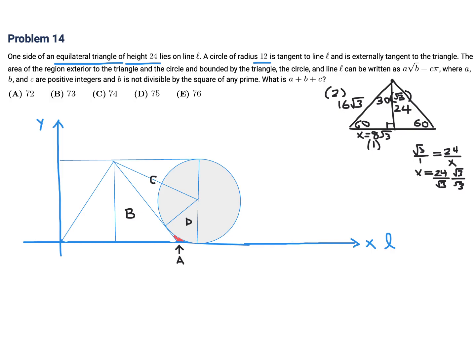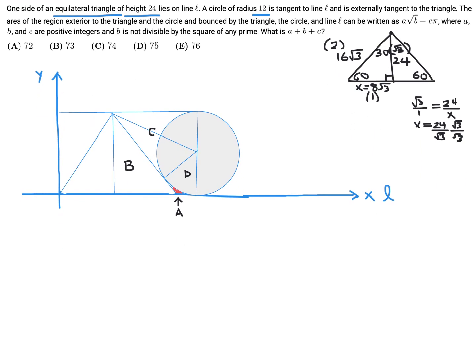I don't want to draw on it because it'll mess it up, and you'll understand what I mean. When we take the full rectangle, A would basically be equal to the full rectangle minus B minus C minus D, and then we'll be able to figure it out. So here we go.